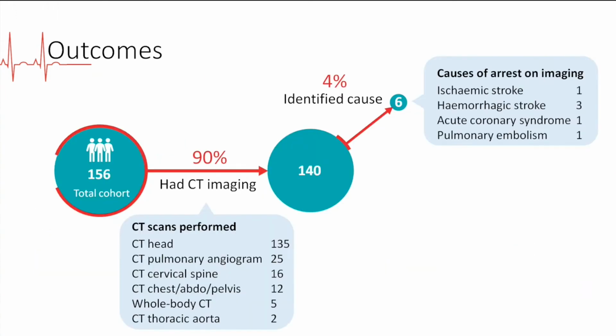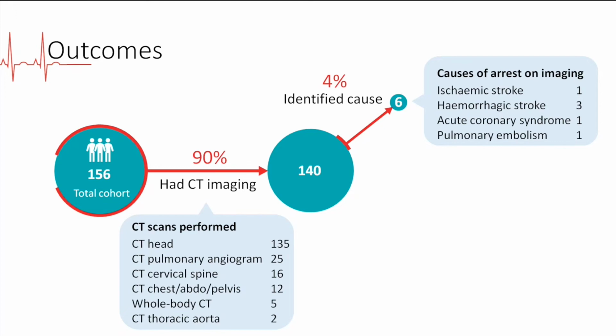So back to the original question, which was how does CT help quickly diagnose the cause of arrest for these patients? Well, only 4% had their cause identified, which was quite surprising in the context of previous research I showed you at the start, so one study had 20% and the other one had 39%. The important difference was that they had much more extensive imaging in the studies.